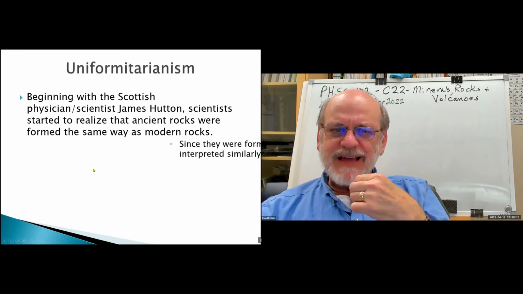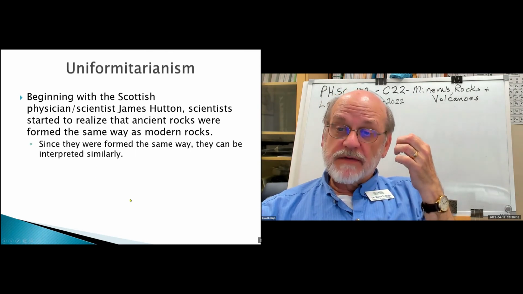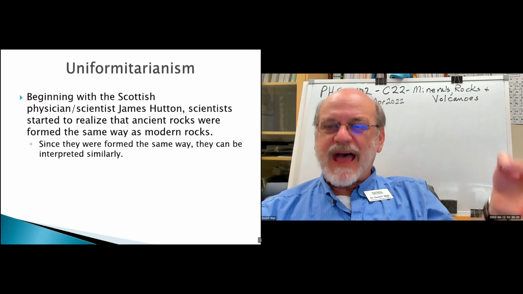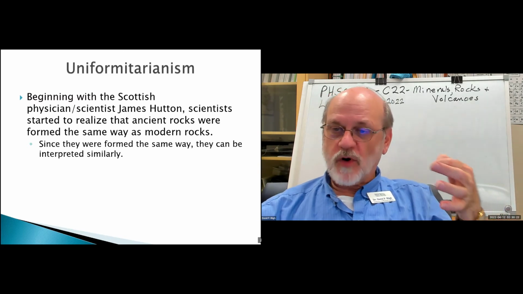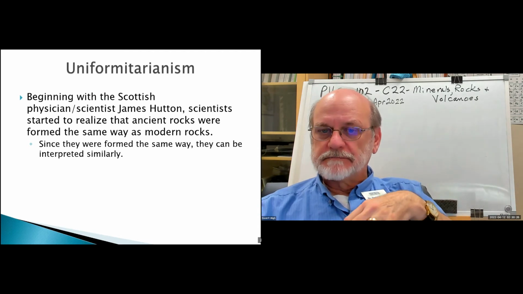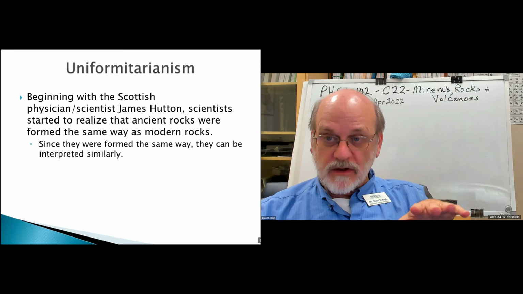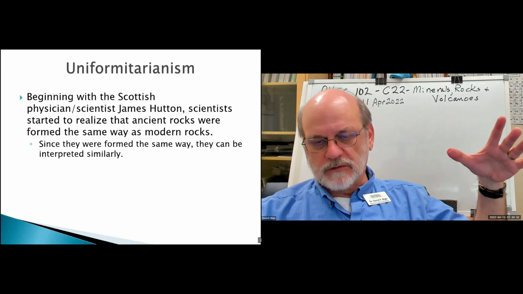And he developed this idea that the key to the past, in other words, how the rocks formed, Earth's history, the key to the past is the present. That's uniformitarianism. In other words, whatever's happening now happened in the past also.